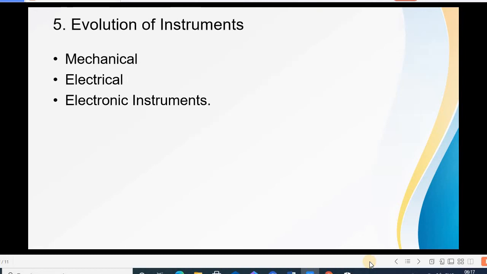Next, evolution of instruments. First there were mechanical instruments, then electrical instruments, then electronic instruments. Mechanical instruments are very reliable for stable operations, but their disadvantage is that they are unable to respond rapidly to measurements of dynamic and transient conditions. Next are electrical measurements.